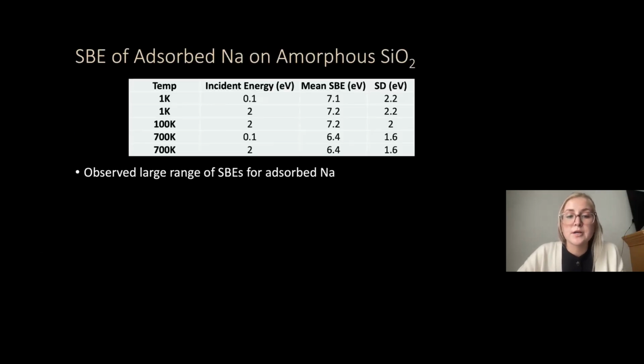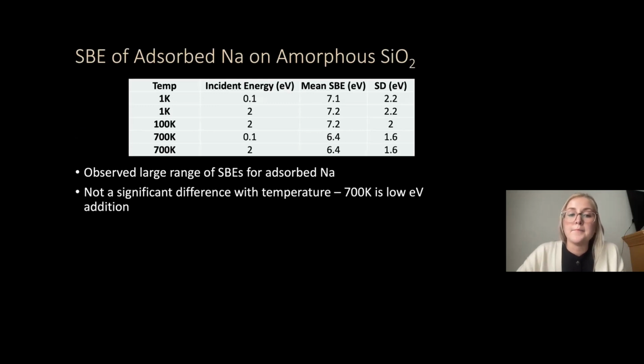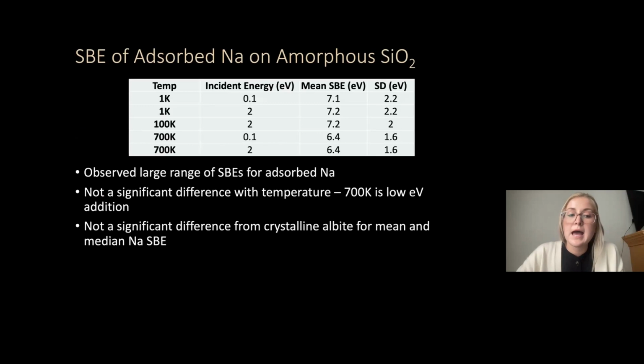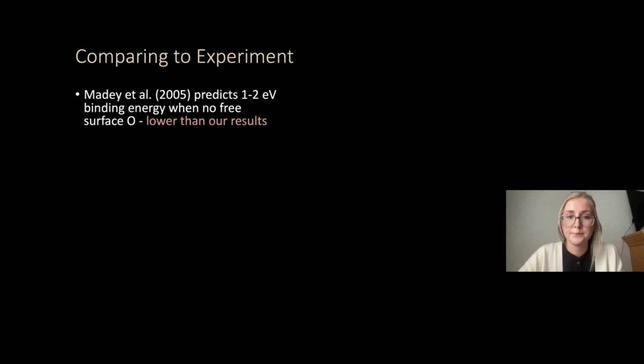The results showed a large range of SBEs for the adsorbed sodium. And there was not a significant difference in the distribution of SBEs with temperature. In addition, there was not a significant difference in the distribution of SBEs for adsorbed sodium on crystalline albite as well when comparing to these results.